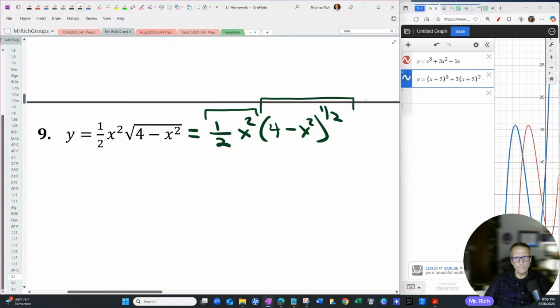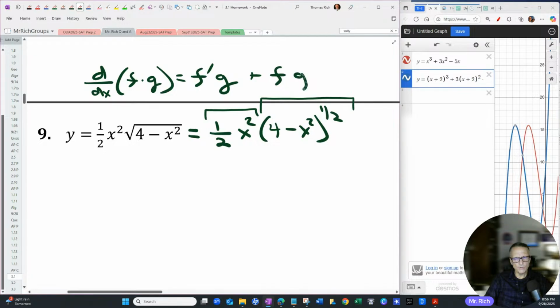So remember what the product rule says: if you're going to take the derivative of two functions of x, we'll call them f and g, this is the formula I use, in this order. I take the derivative of the first one times the second plus the first times the derivative of the second.